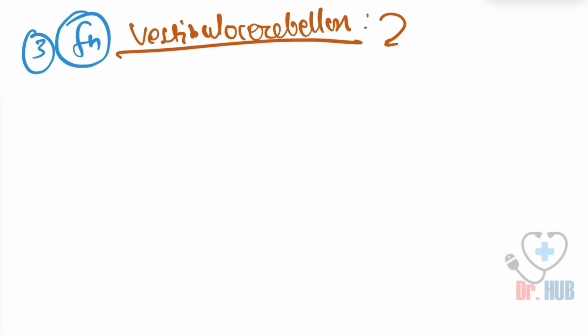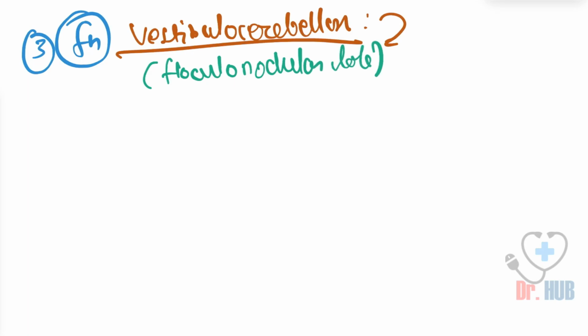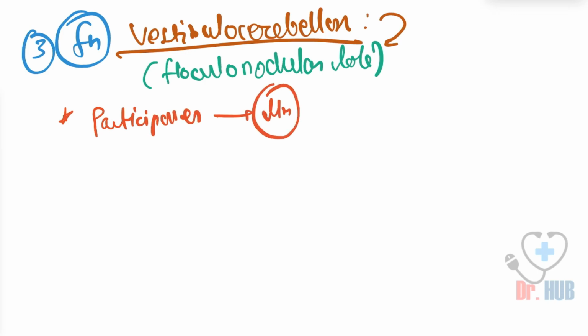That is the flocculonodular lobe. So the answer here is that the vestibular cerebellum is involved in, firstly, participating in maintaining the equilibrium as well as the maintaining of the posture.